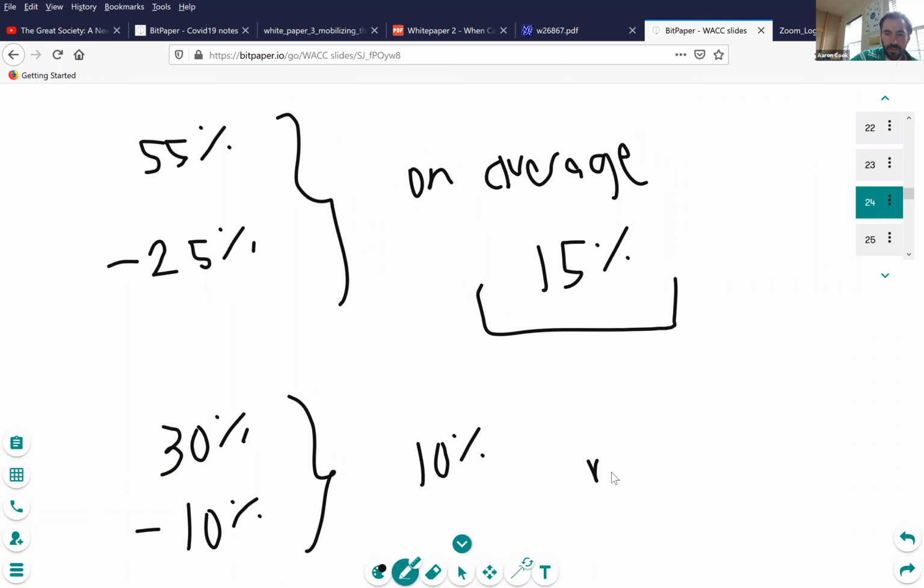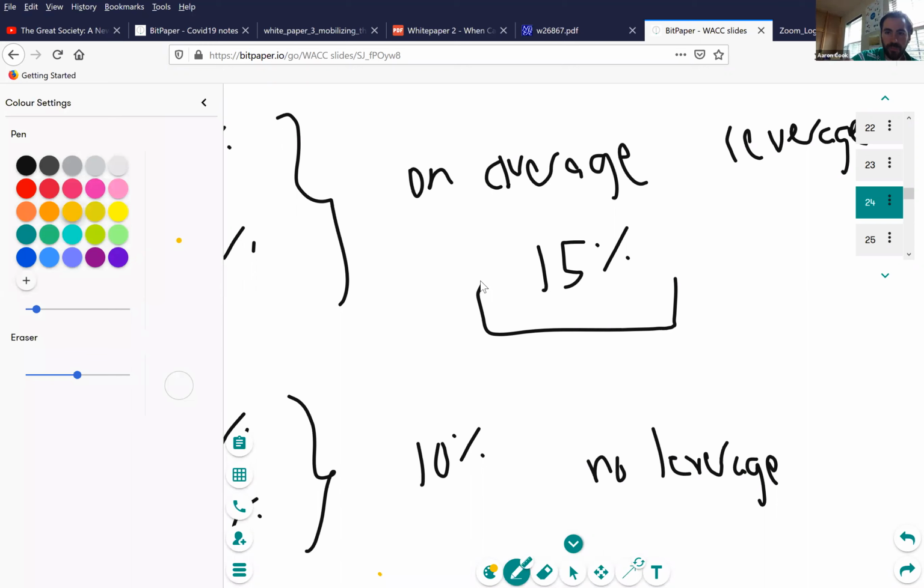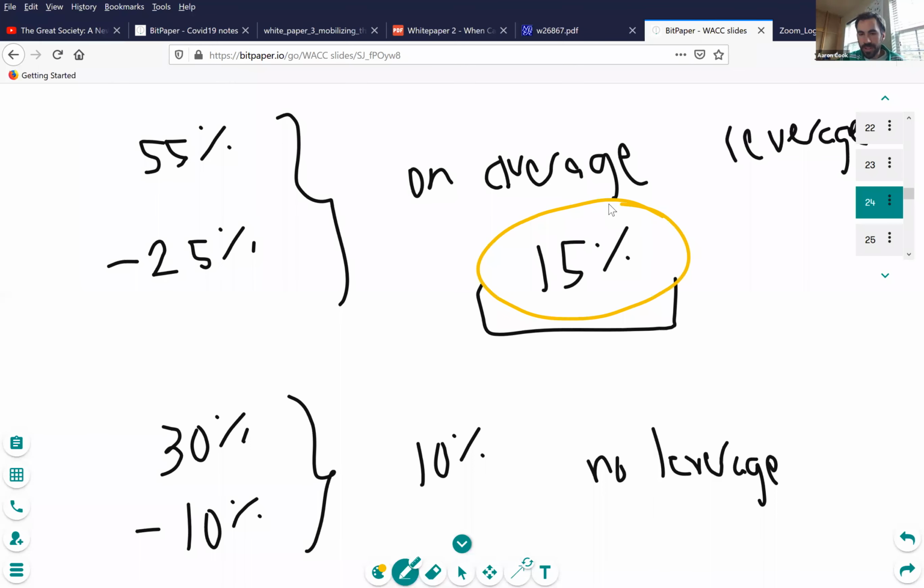This is no leverage. And this is leverage. By borrowing, we can increase our expected returns. That's like increasing the returns to equity. But we increase our exposure to risk. We make ourselves more vulnerable to risk. We have a higher upside, but we also have a much lower downside compared to the case where we don't borrow, where our upside is only 30%, but our downside is only 10%.